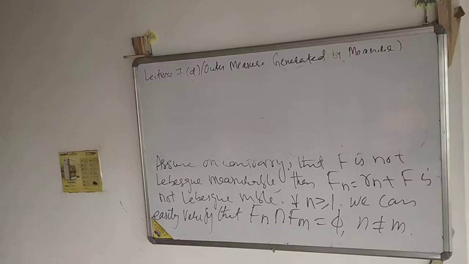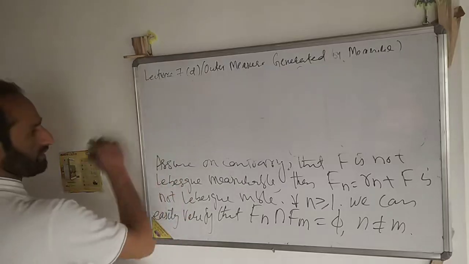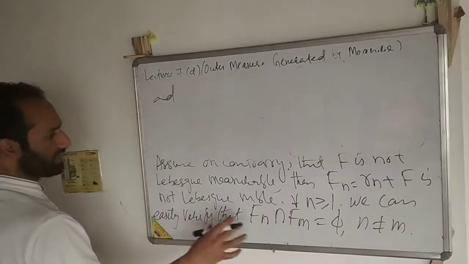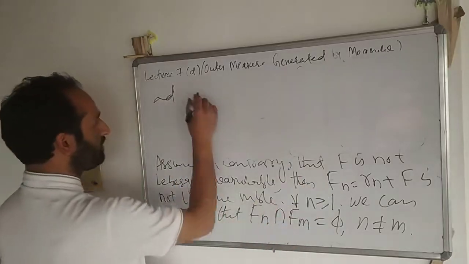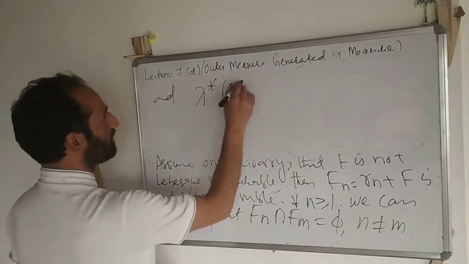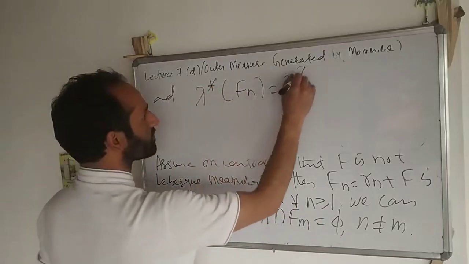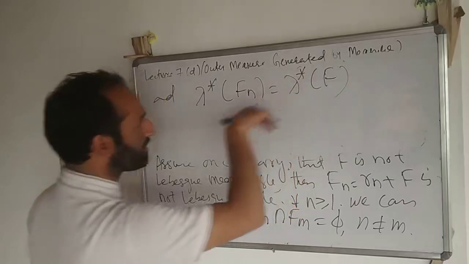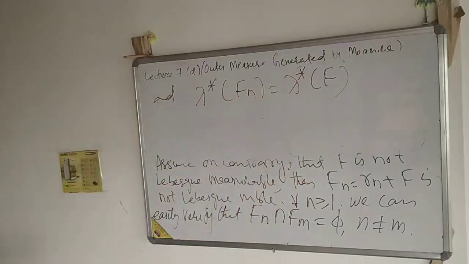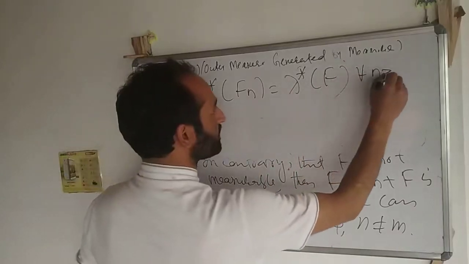So they are disjoint. So also this, and we have one more thing: the Lebesgue outer measure of Fn is the same as the Lebesgue outer measure of F. It is already done in the lemma because Lebesgue measure is translation invariant. This is true for all n greater or equal to 1.